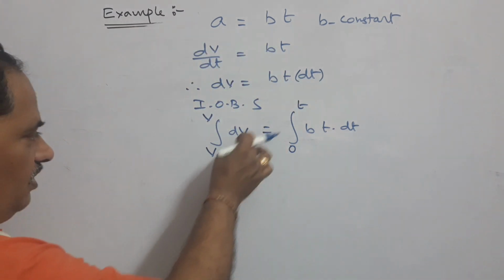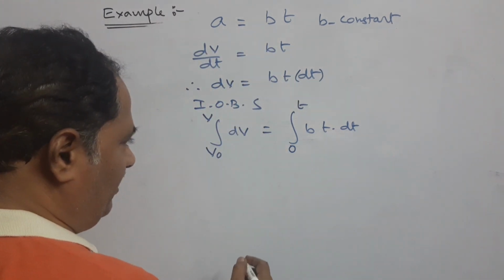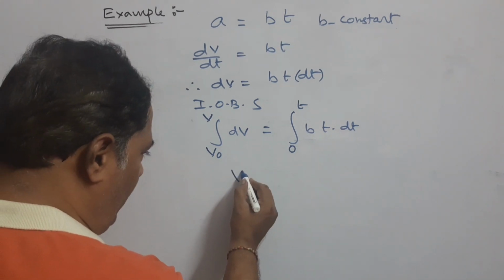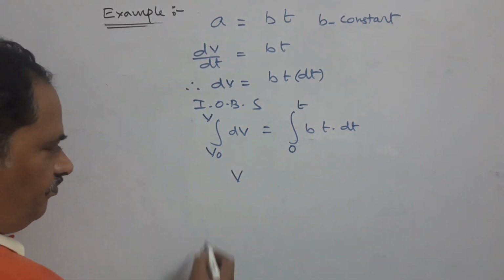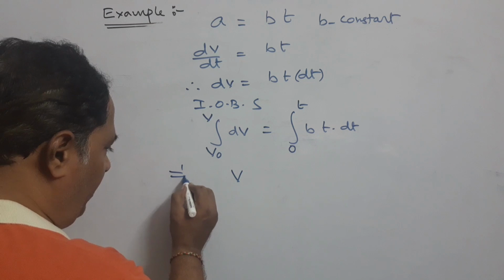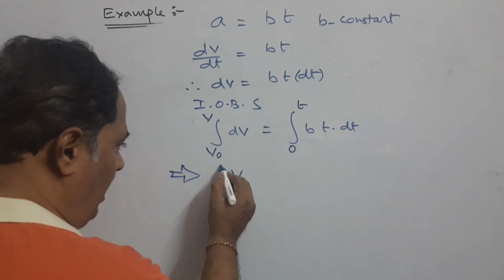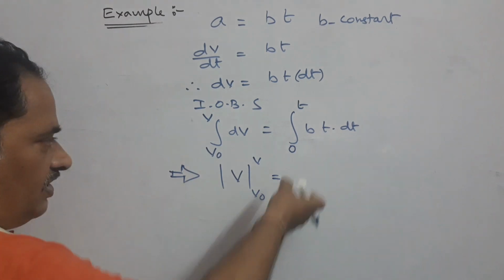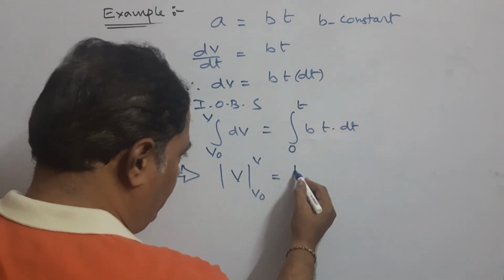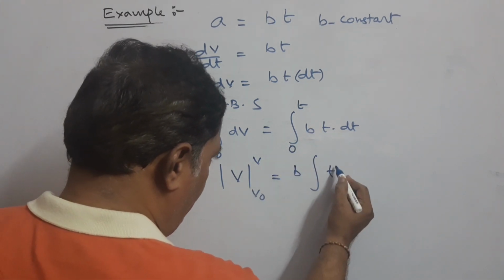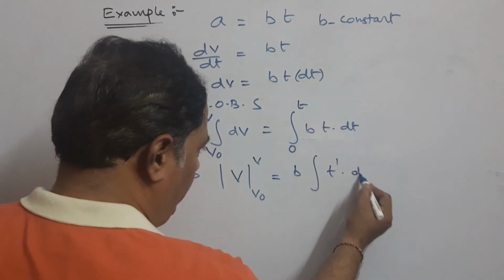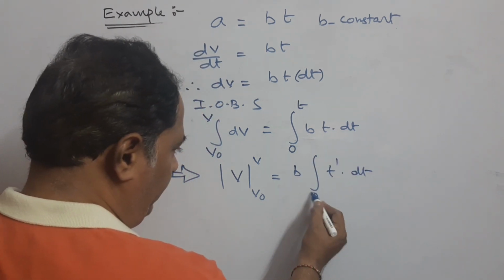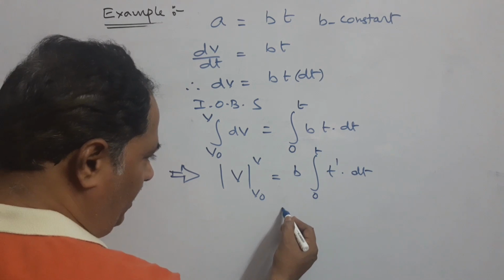Hence directly by using the x power n equation, this value is nothing but v. After integration, you have to apply the limits. This is v0 and this is v. Here b is a constant, take that outside. Here this is t, t power 1 dt. Limits are 0 to t.